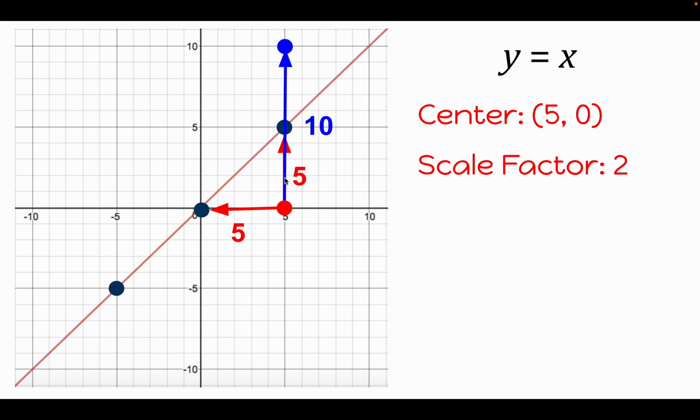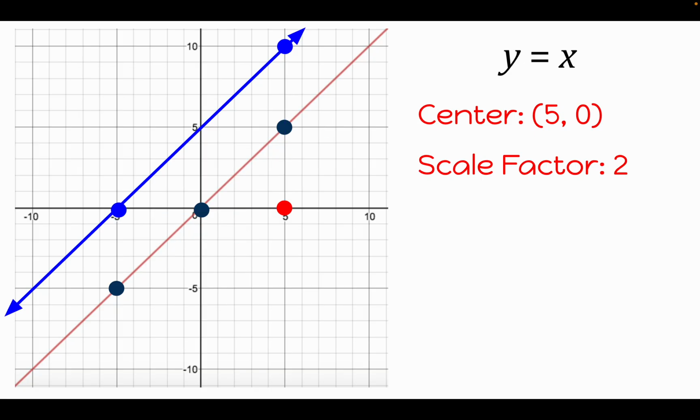And we go both in the y direction and the x direction. And what happens when we connect those dilated points by a scale factor of 2? We see that the lines are parallel.